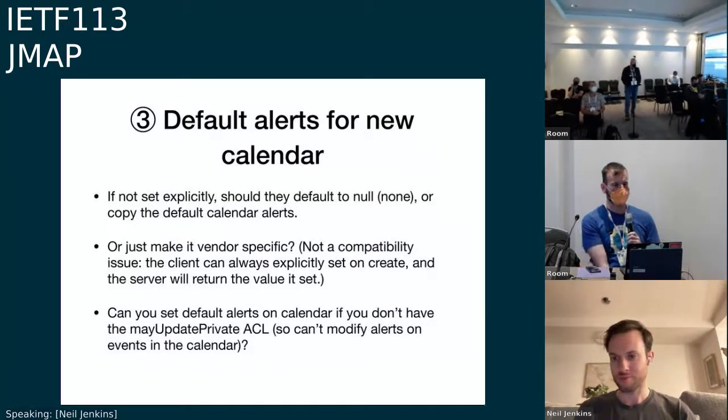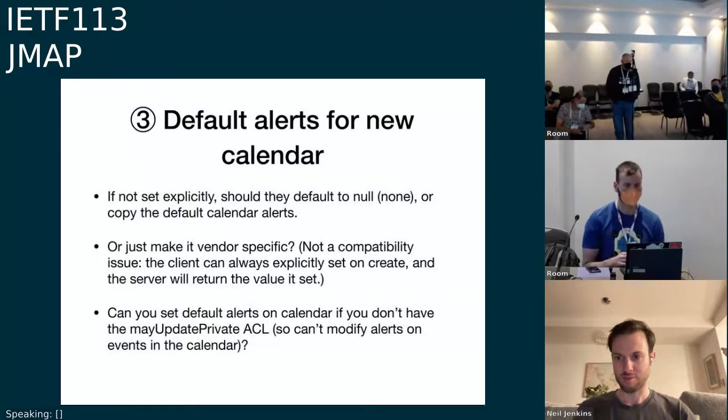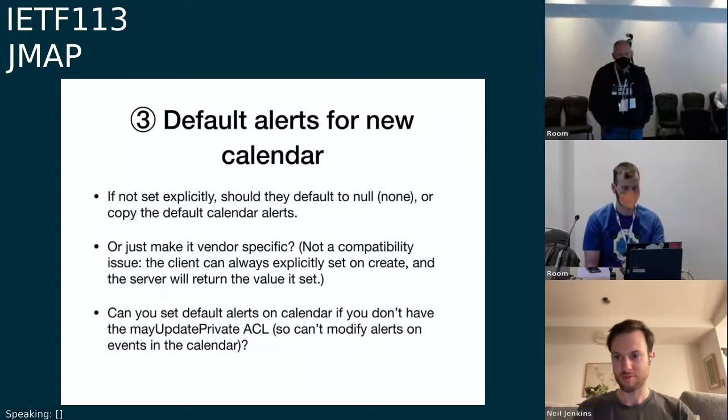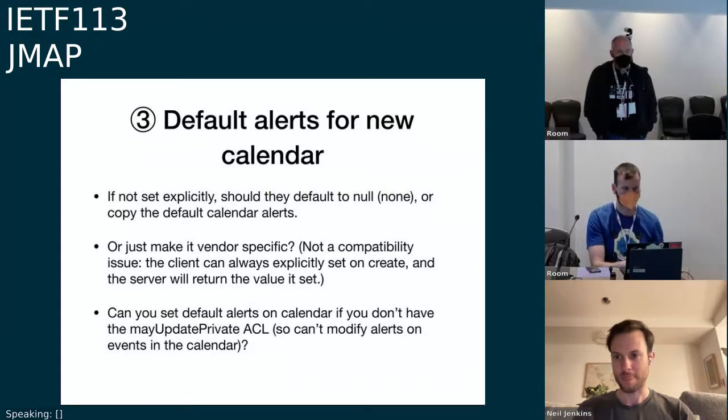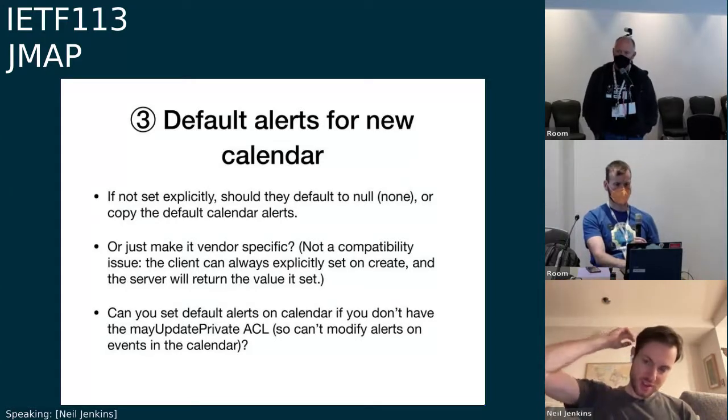Ken in the queue. So this is Ken again. So given what I had just said about the default calendar being a preference as opposed to an actual entity, I would like to see default alerts maybe be attached to the principal, or whatever we're calling that in JMAP. Since that's the highest level thing on the server regarding the user.